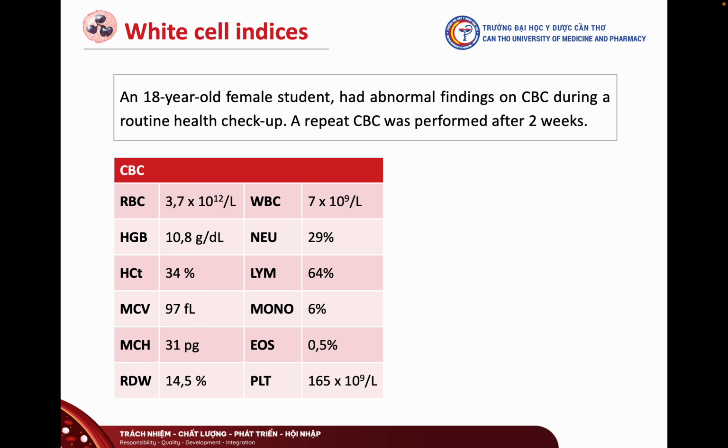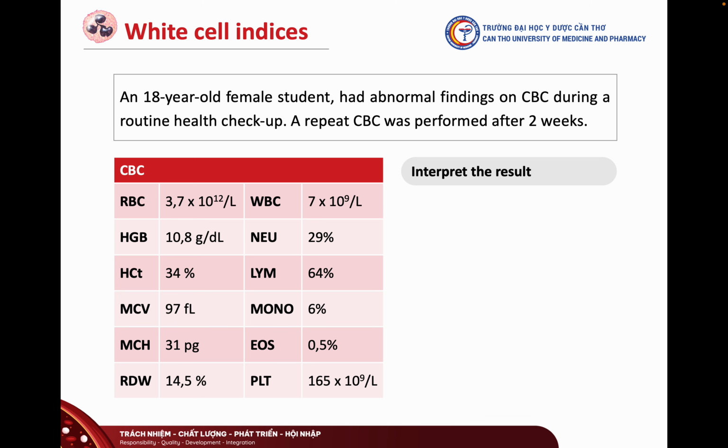Now let's check the follow-up result. This is the same 18-year-old female student from the earlier case. Her CBC was abnormal during a routine checkup, so we repeated the test after 2 weeks. Let's see what changed. Hemoglobin remained low, 10.8 grams per deciliter, consistent with the normocytic normochromic anemia.